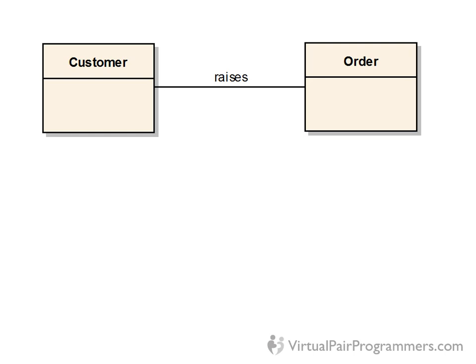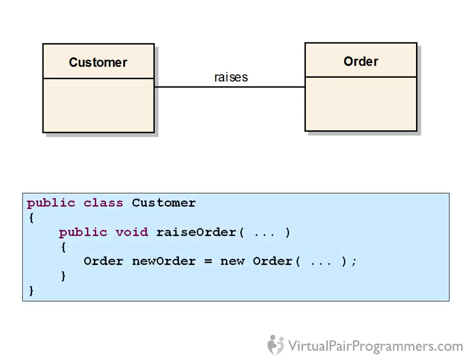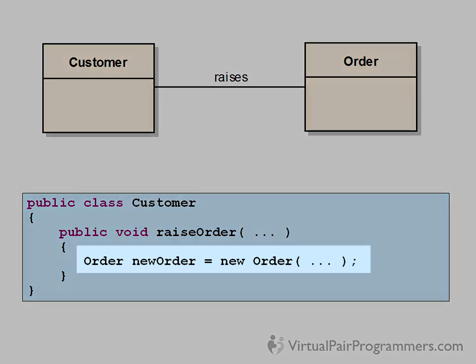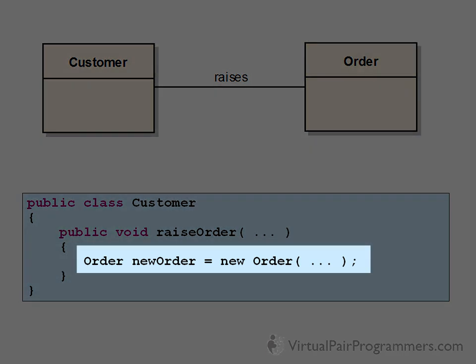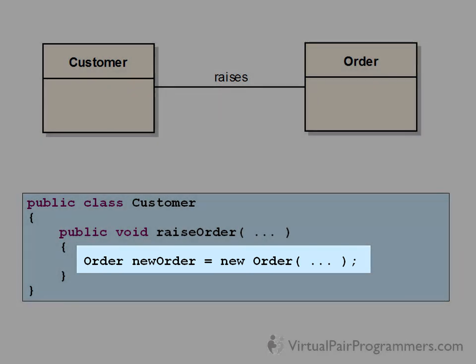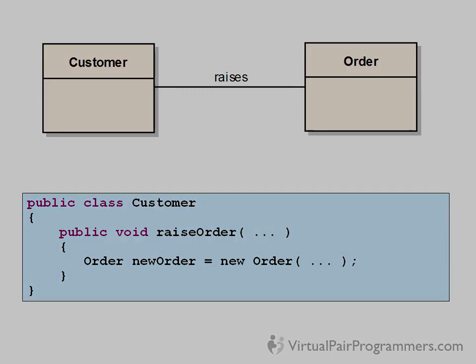So therefore, I think it's only natural that these classes should be coupled together in the code. And as you can see here, the customer class is creating new instances of the order class on the line I'm highlighting here. And I think that's absolutely fine. It is coupling, but we accept it.